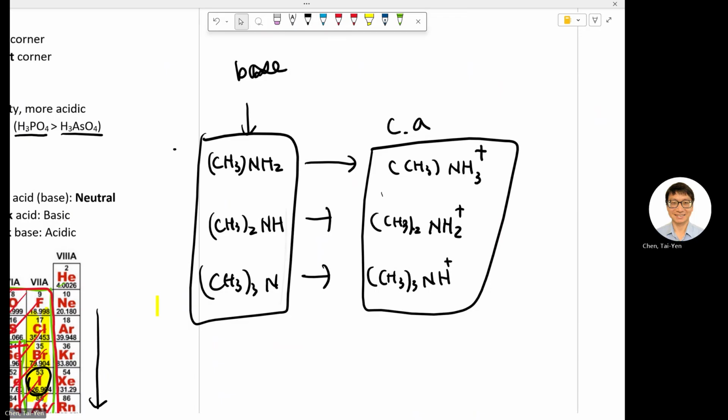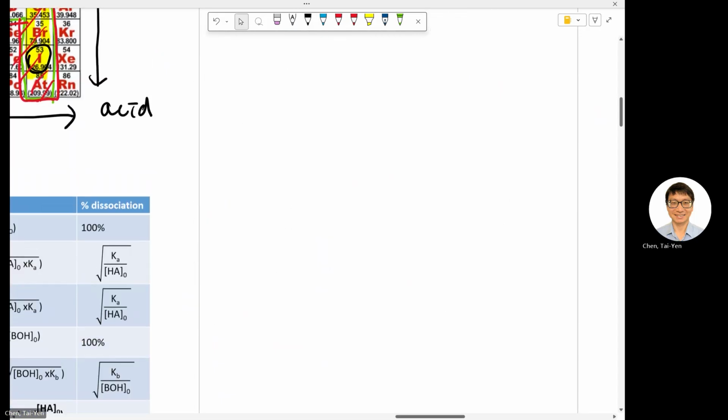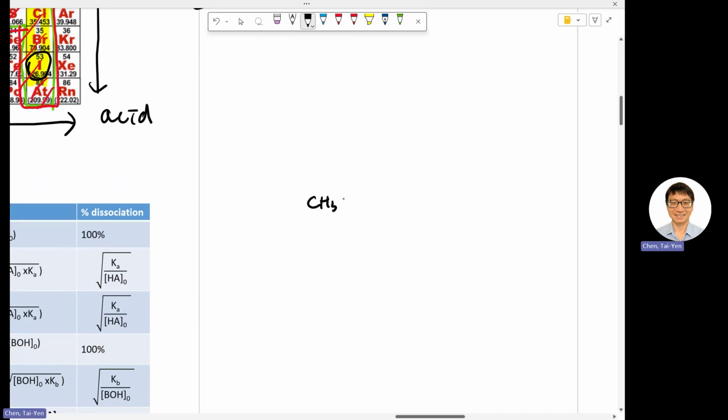Because if I just give you this, or this, and I just asked you which one is acid, which one is base. Top one is acid, bottom one is base, right? It's very straightforward for you now, right?